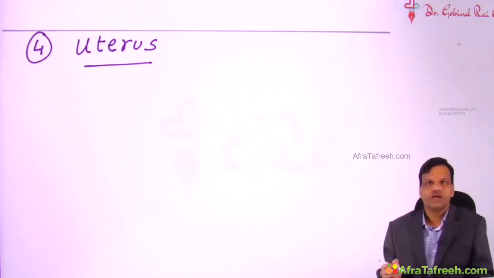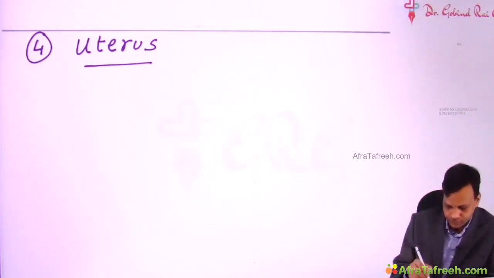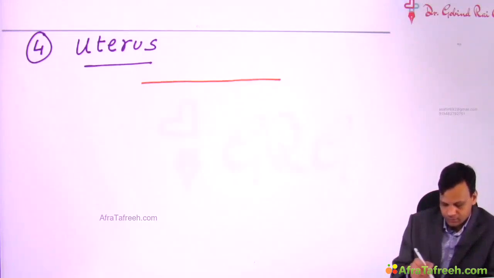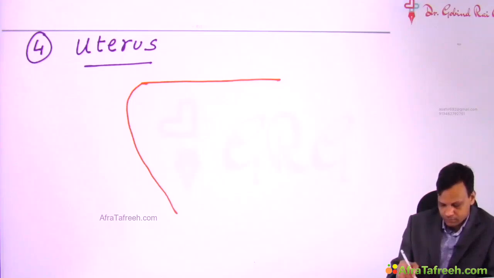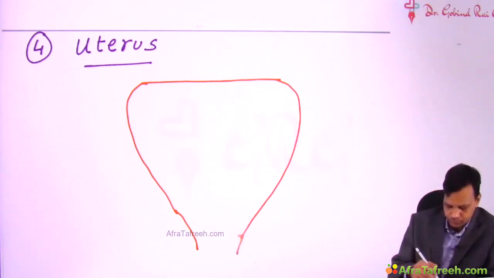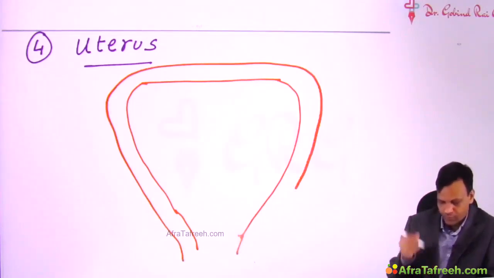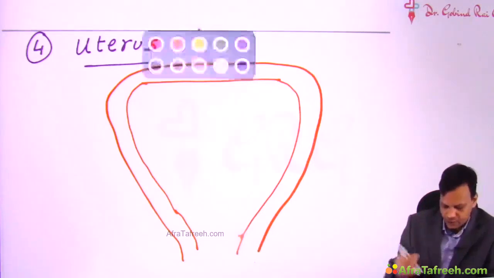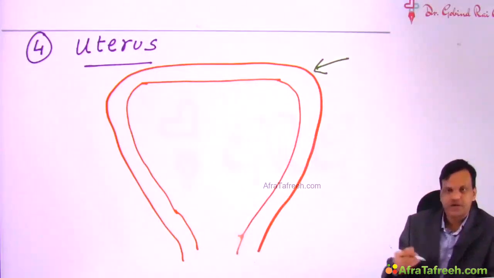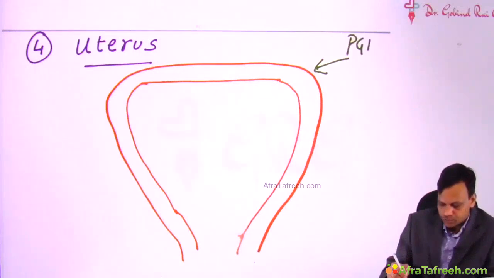The next is the effect of prostaglandins on the uterus. The upper segment of the uterus is stimulated by PGE2 and PGF2 alpha.